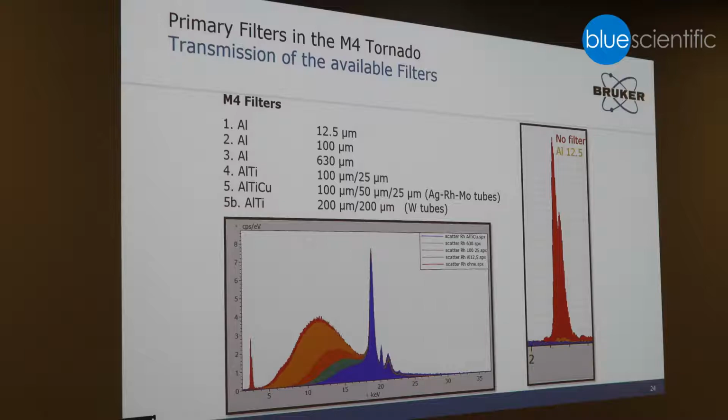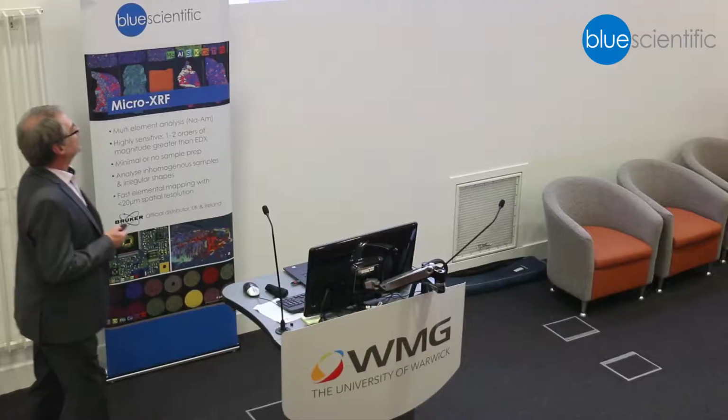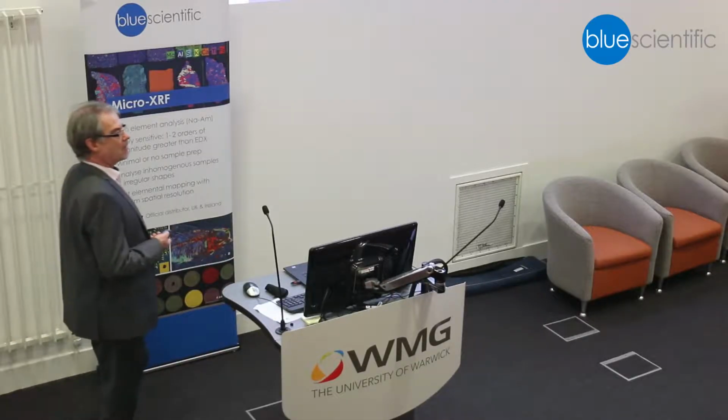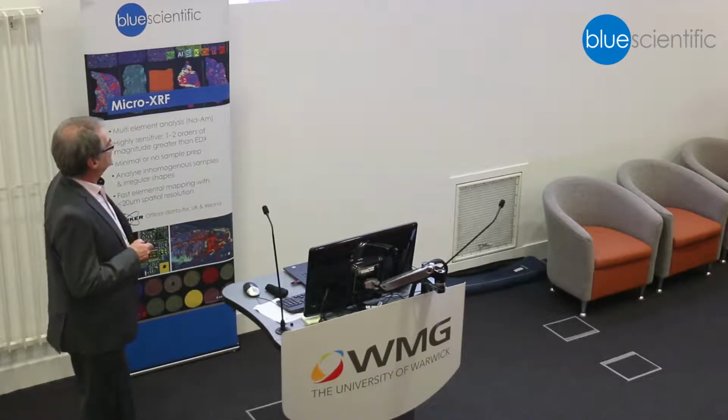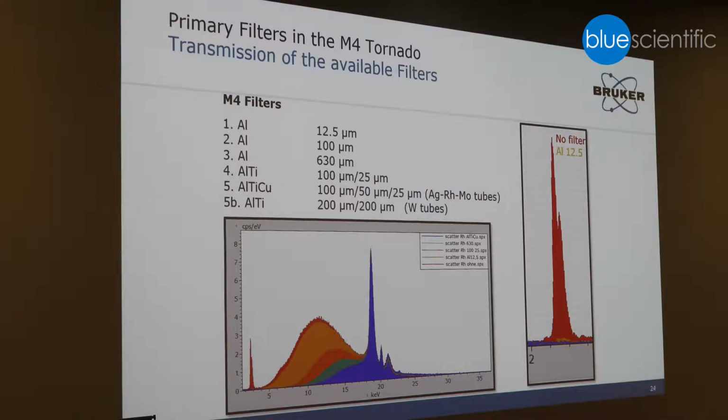In this energy range between 7 and approximately 15 keV, you see a huge background, which may have a negative impact on your analysis. So the strategy to reduce the background is that you can use different primary filters.